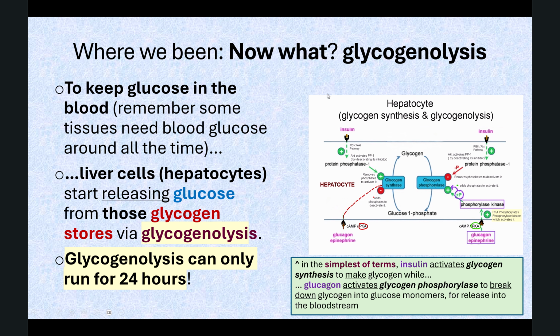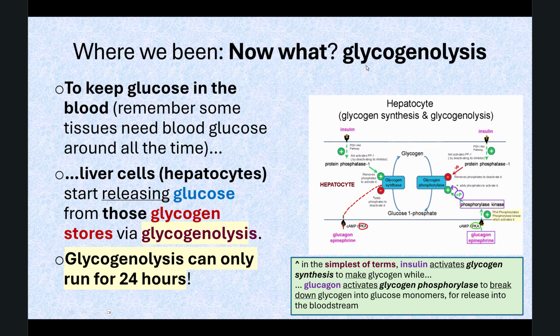Now, after 4 hours, your dietary glucose is gone. We know that tissues like your brain and your red blood cells need glucose all the time. So after 4 hours, where do we get blood glucose from? If you're on an overnight fast, you're sleeping, you're not eating, where does it come from?